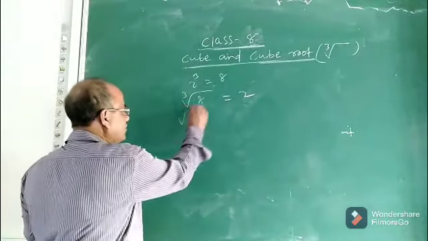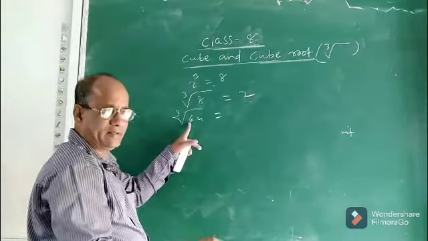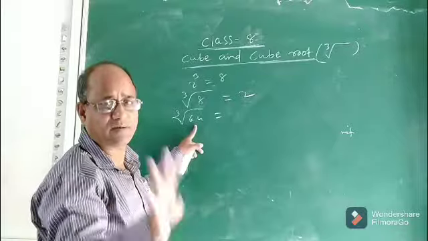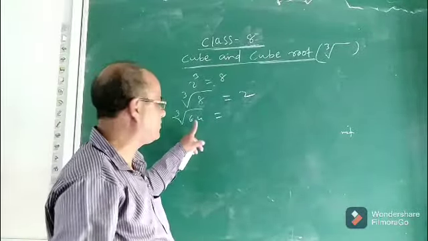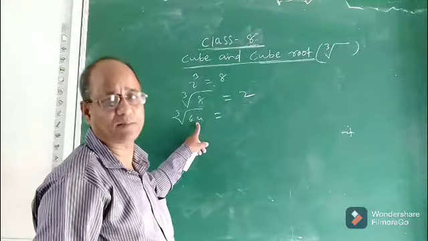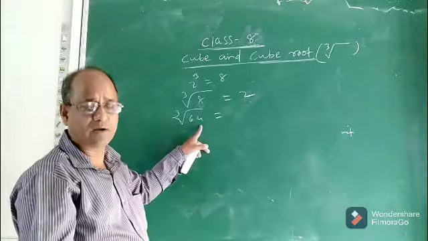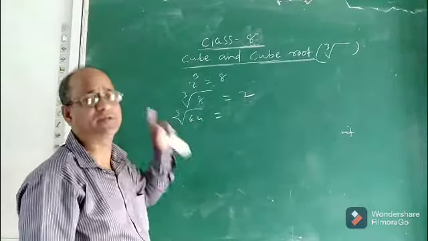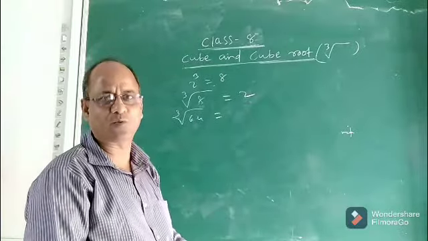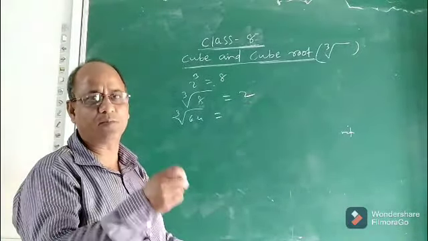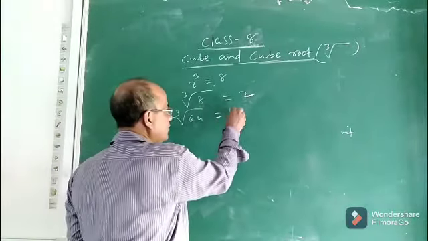Similarly, if I ask you what is the cube root of 64, it means which positive integer multiplied 3 times gives the product 64. What is the positive integer whose cube is 64? It is 4. 4 cube is 64, because 4 into 4 into 4 is 64. So the cube root of 64 will be 4.